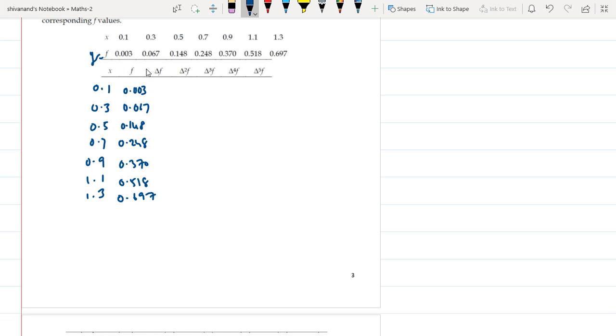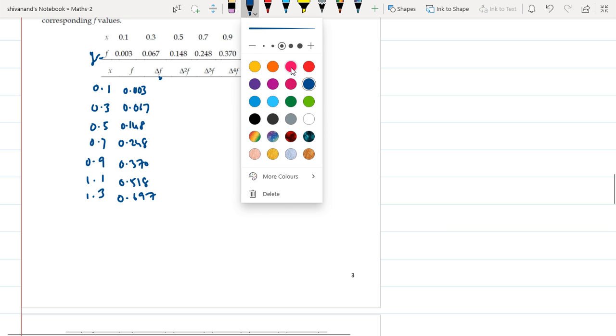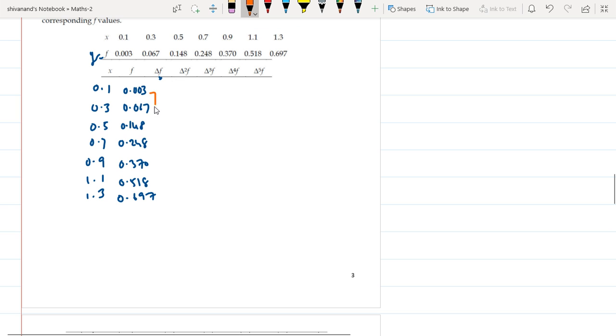So what is the first difference, delta f of x? That is nothing but the difference of these two, 0.067 minus 0.003. The second difference is this one, and the third difference is this, and the fourth, fifth and sixth are this.